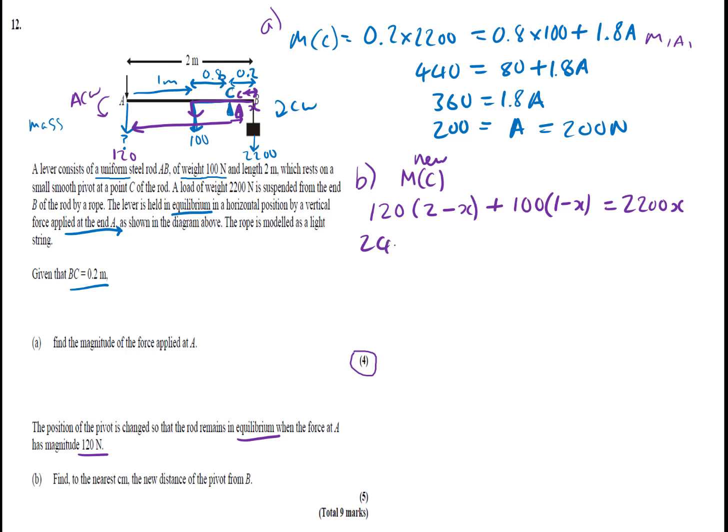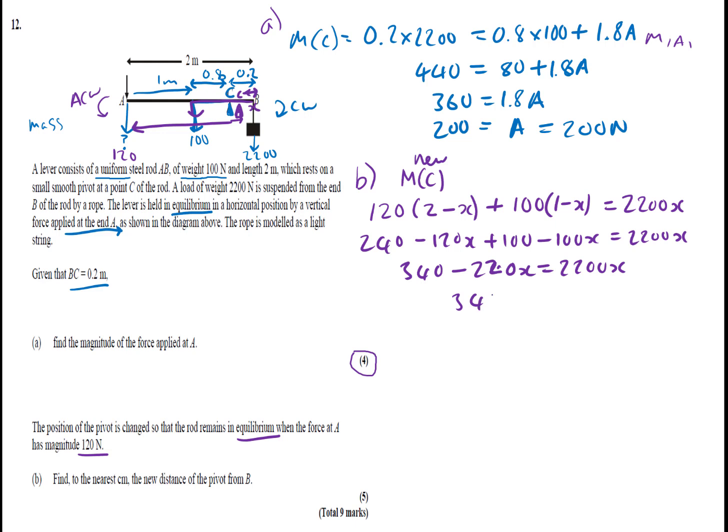Let's expand that out. 240 minus 120x plus 100 minus 100x is going to equal 2,200x. So we're going to get 340 minus 220x equals 2,200x.